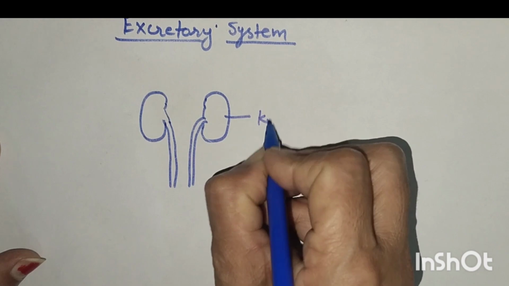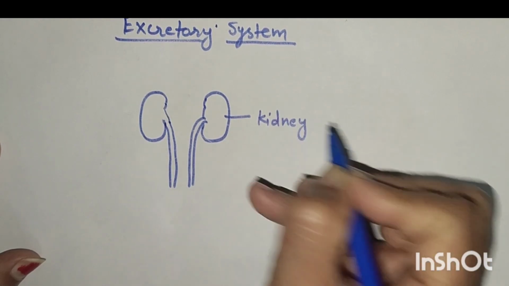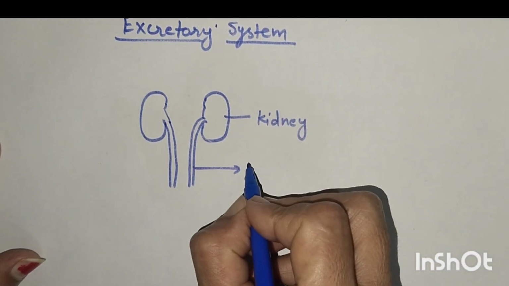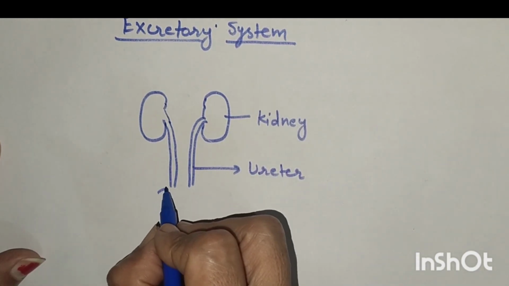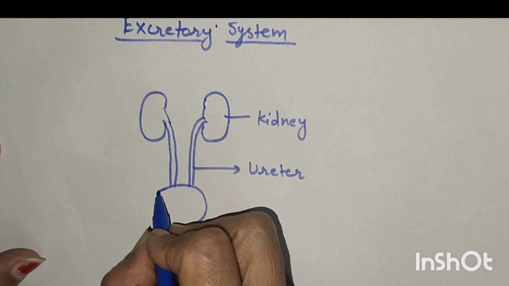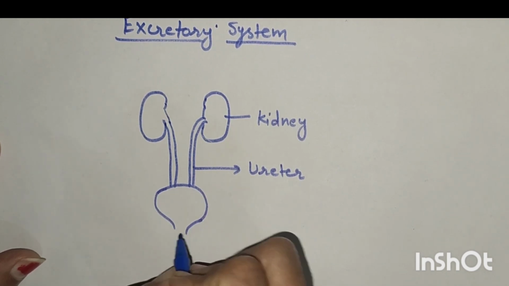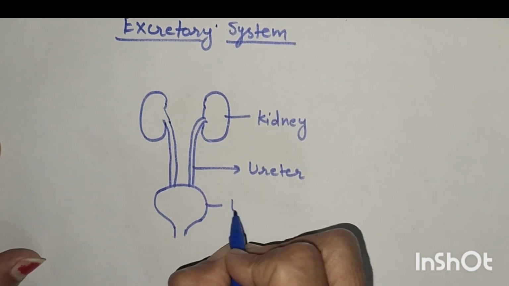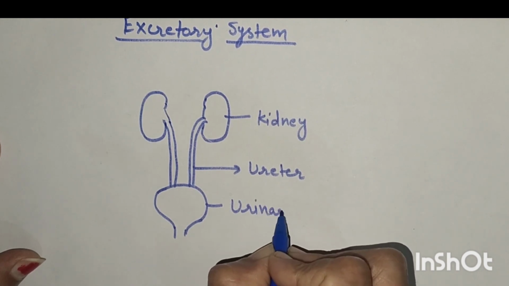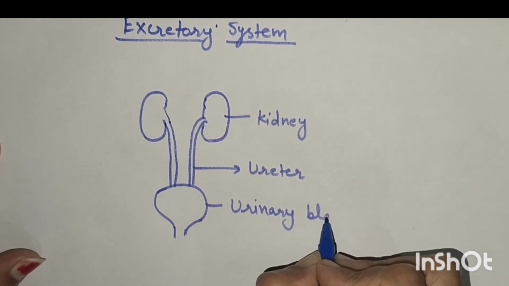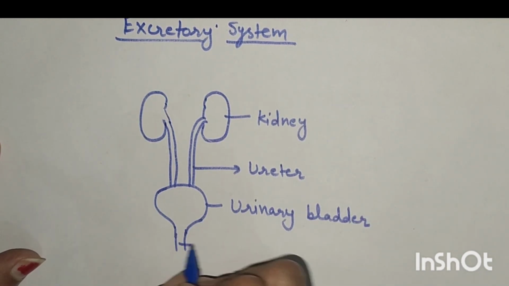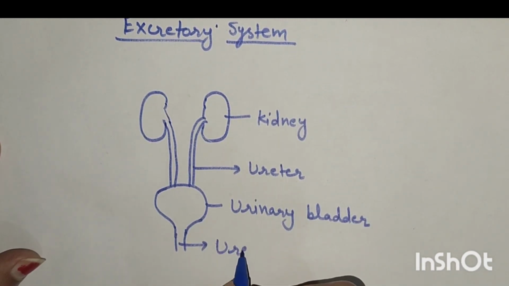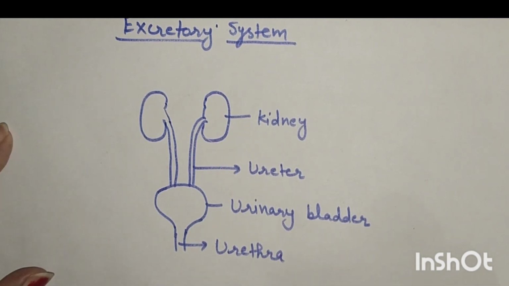This is the kidney. This is the ureter. These two tubes open into a reservoir called the urinary bladder, which opens into the tube called the urethra.